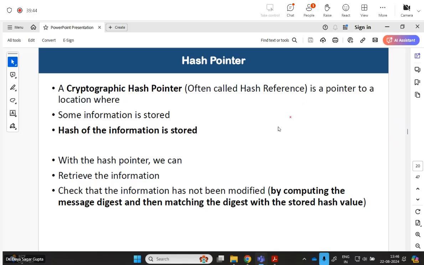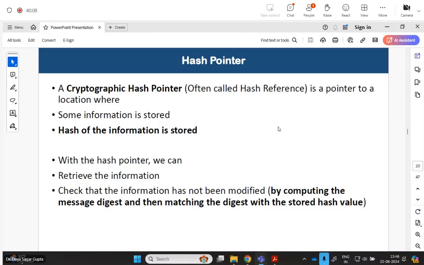Okay. And how is it a hash function? What are we going to do? See, it's very simple. In the block itself, this block is going to have a value m, transaction m. What is the information being stored in the first block?